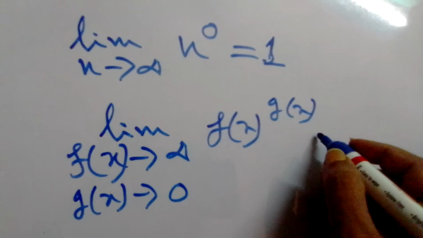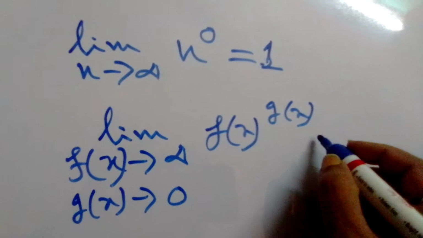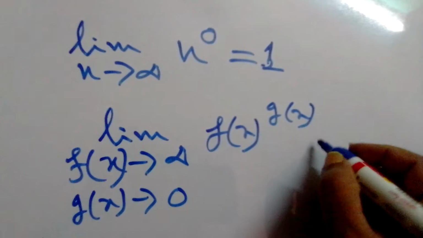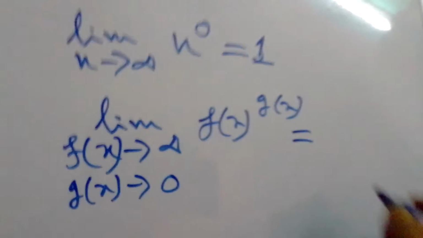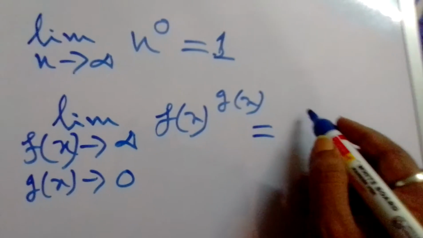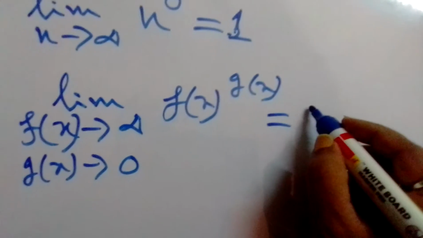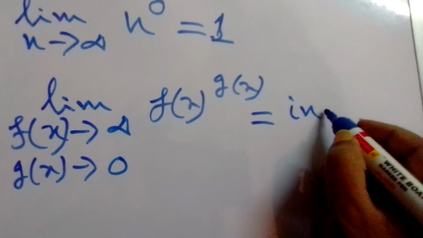So what will happen to this result in these cases? It looks like an indeterminate form. This is not actually 1, this result is an indeterminate form.